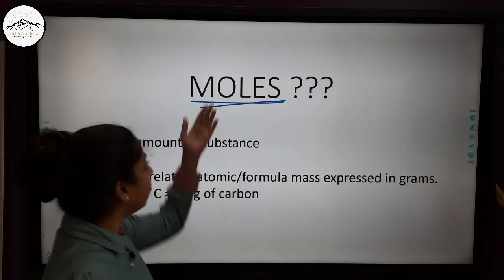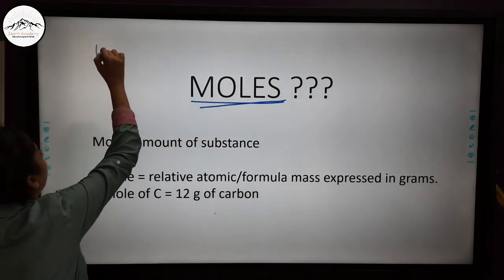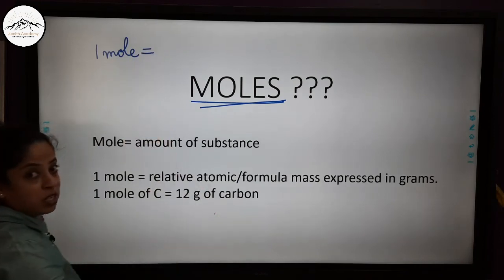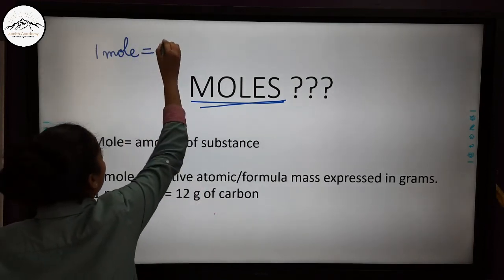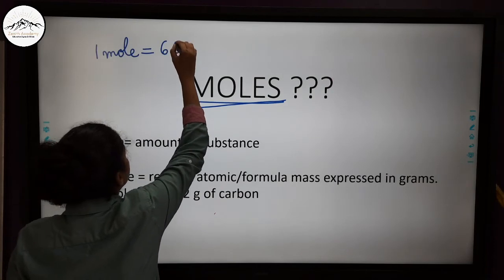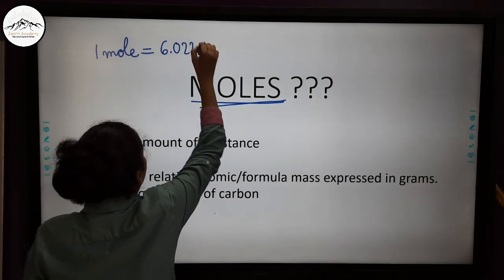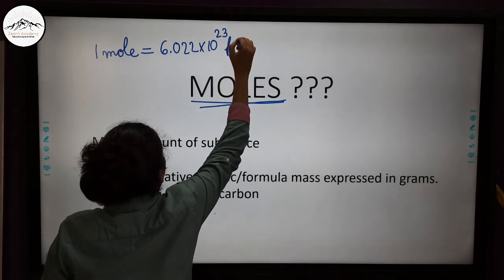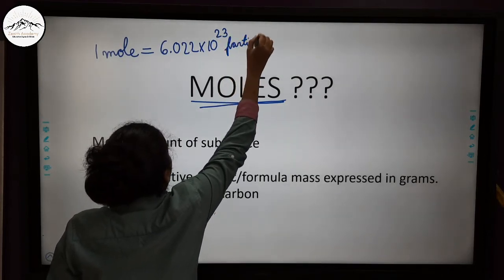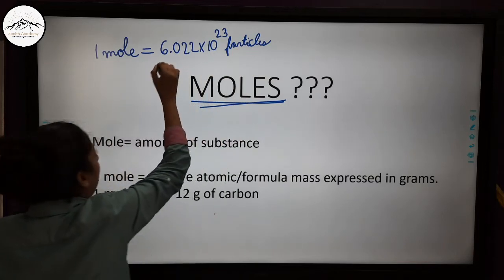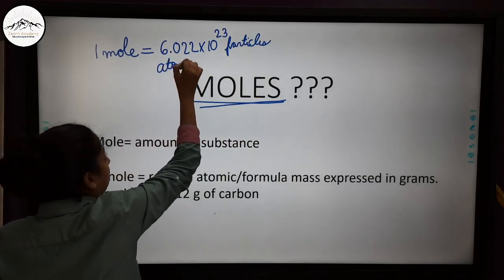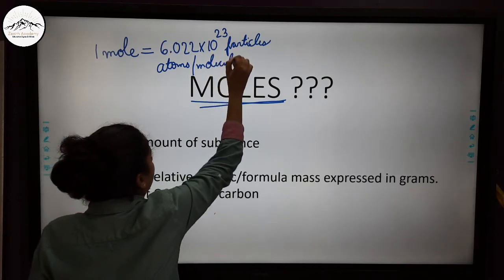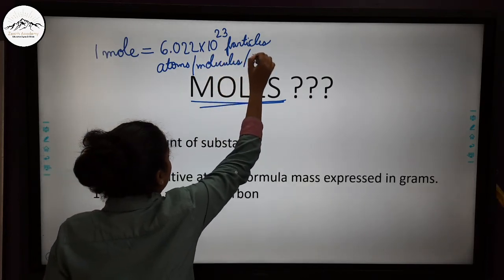In the same way, what does mole mean? I said mole is a unit of numbers, so there has to be some number. So 1 mole corresponds to 6.022 into 10 raised to power 23 particles. Now these particles can be atoms, molecules, ions, anything.